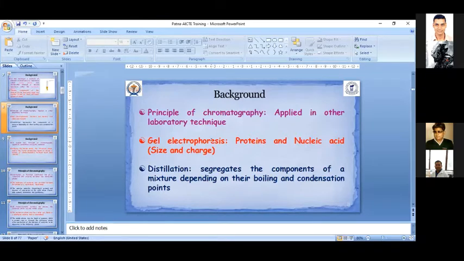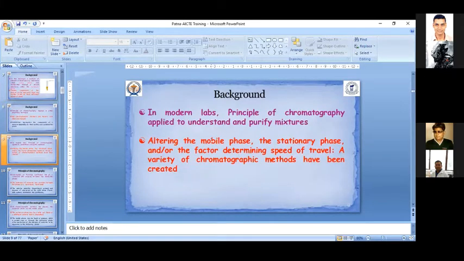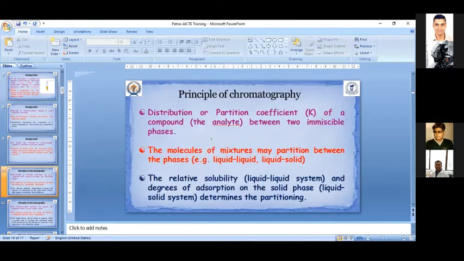Actually, when the compounds of a mixture are applied to a stationary phase, the molecule mixture may partition between the two phases.